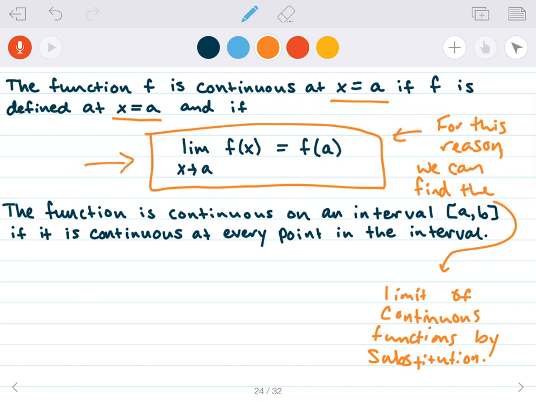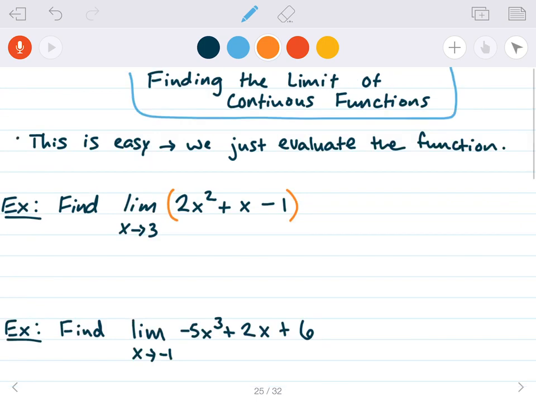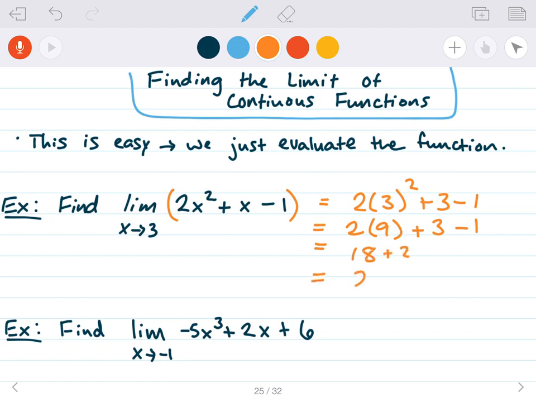The limit as x goes to 3 of this continuous function is just f of 3. So all we have to do is plug in 3 for x and evaluate. So the limit is going to be 20, which is the same thing as f of 3.